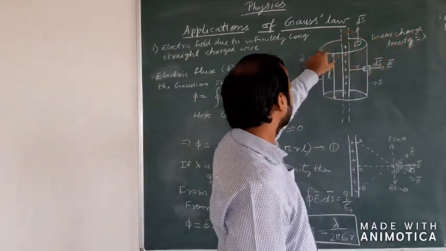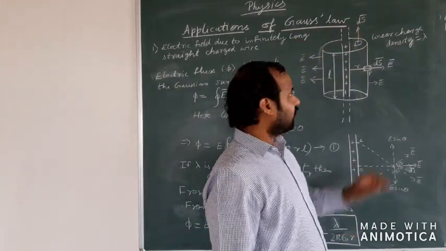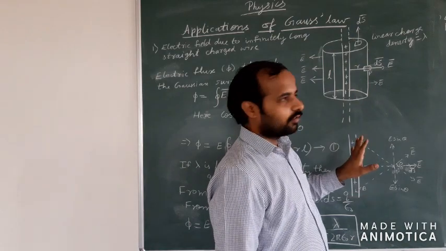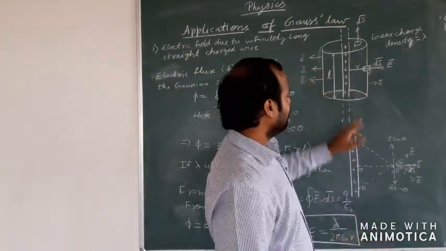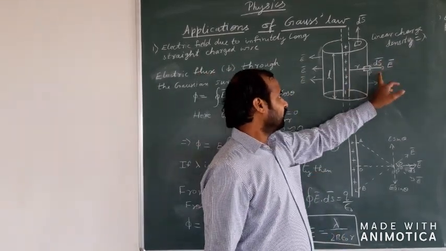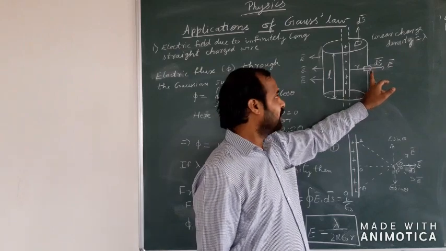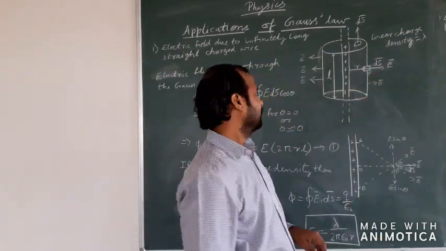As I already told you in the last video, any long, thin wire or thin rod will have what is called a linear charge density. We are going to make use of this linear charge density in order to find the electric field at a point P at a distance r from the charged conductor.